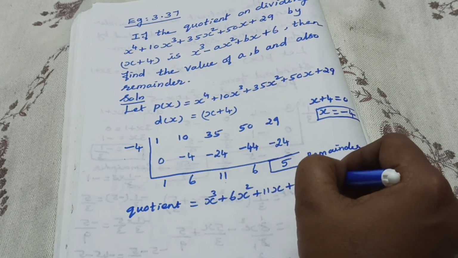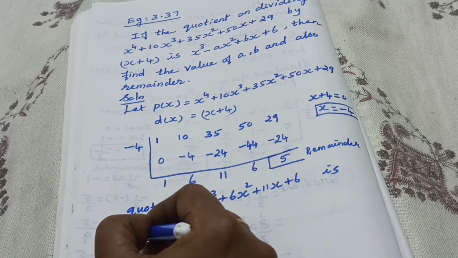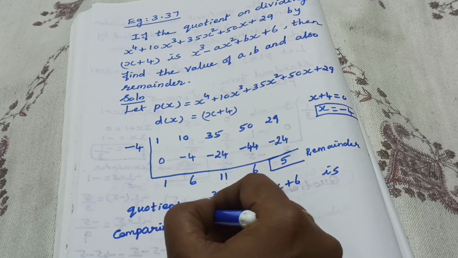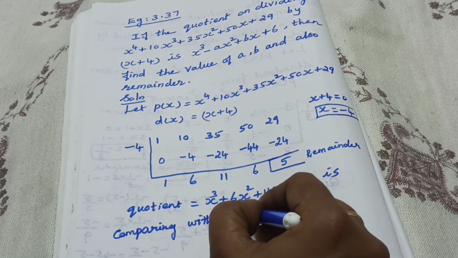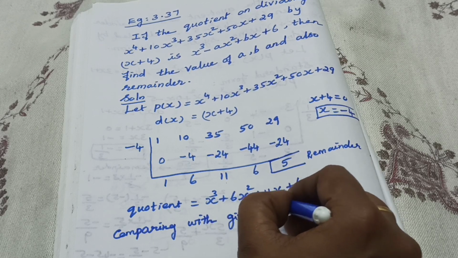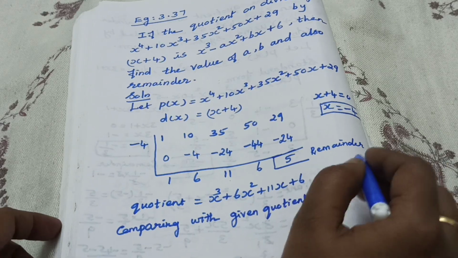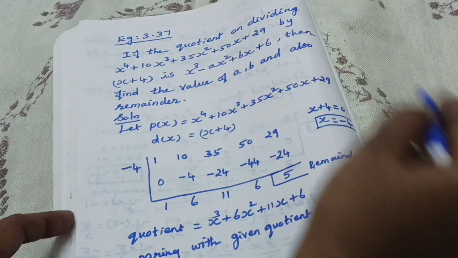Then this is compared with the given quotient. What is the given quotient? I already told you, one quotient is given here: x cube minus ax square plus bx plus 6.